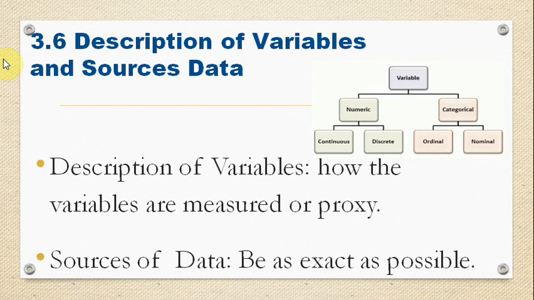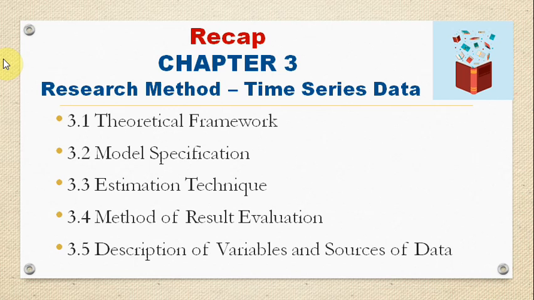And that is why you specify where you got your data from, so that in case there is variance from another organization, you are saved because you have indicated where you got your own. And that is why I stated here that as much as possible, be exact where you got your data from.